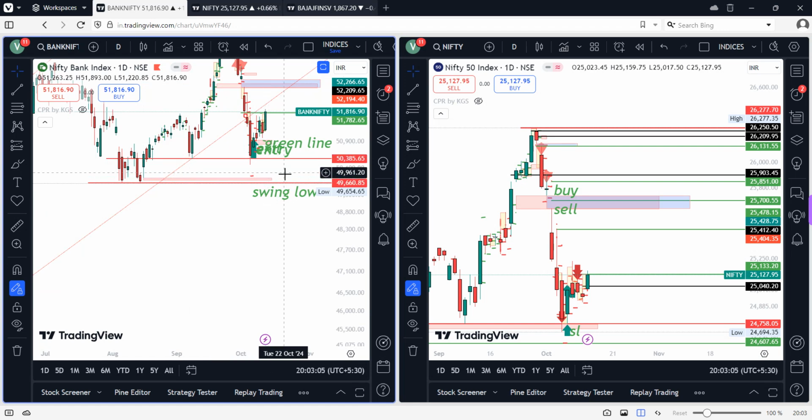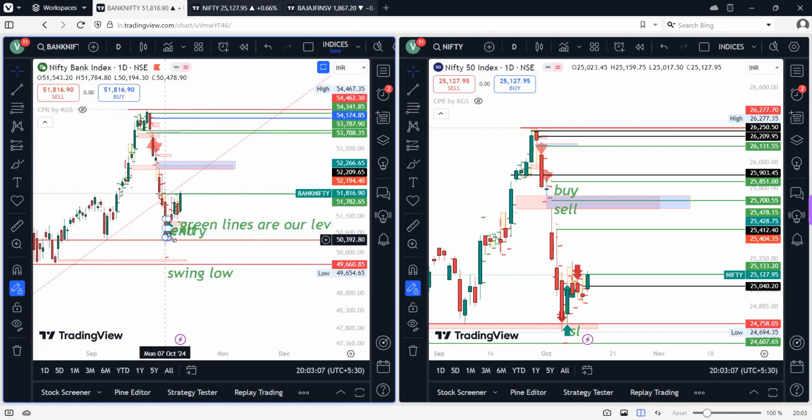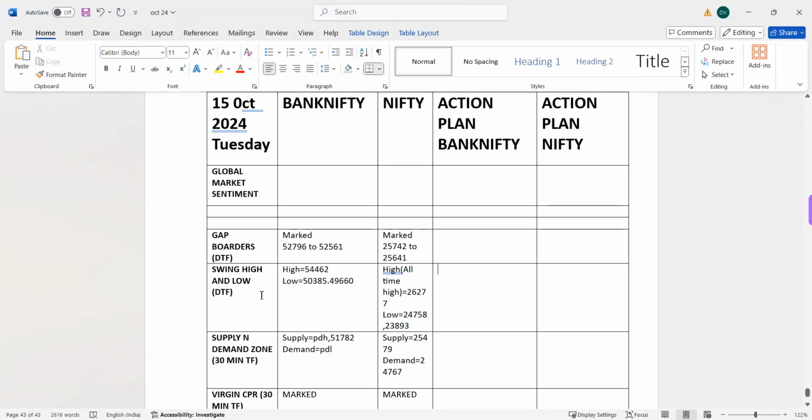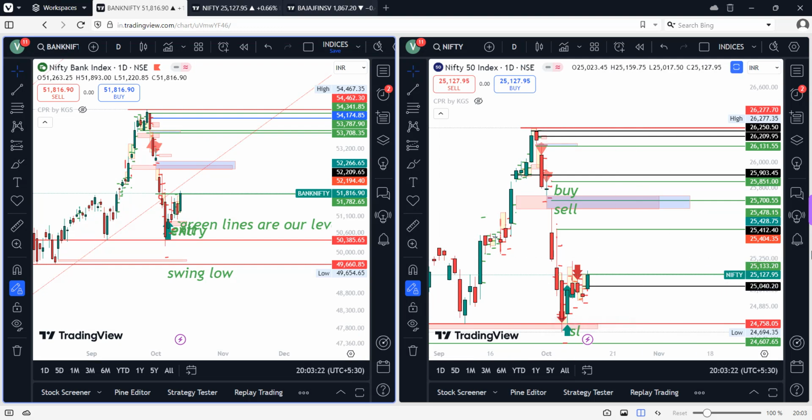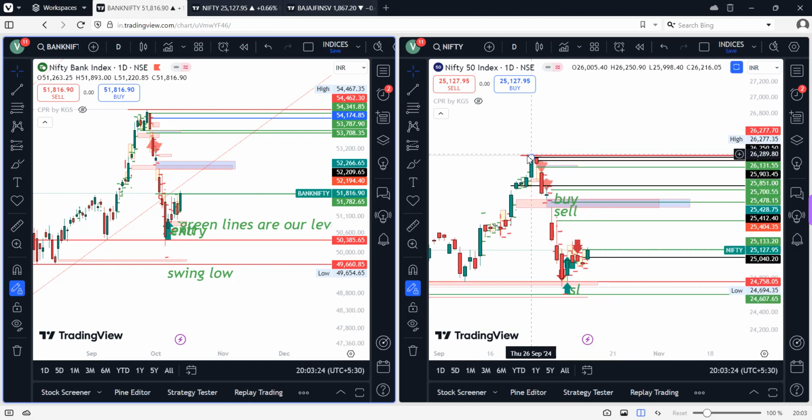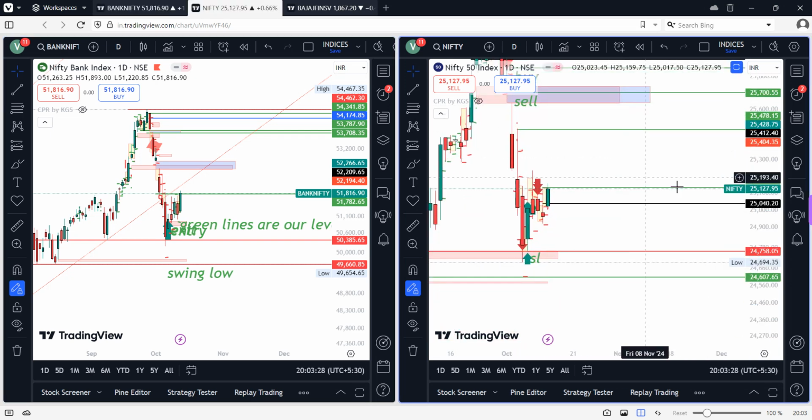These are the swing lows. Last time it took support at the swing low. So these are the high and low levels for Bank Nifty, and this is the high and this is the low for Nifty itself.